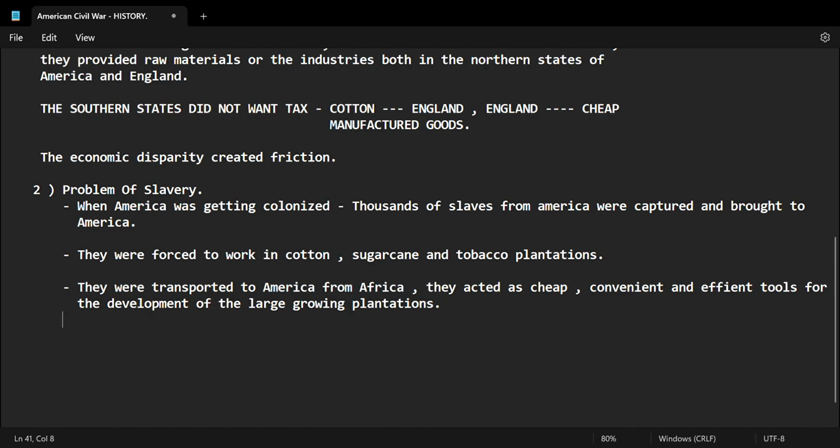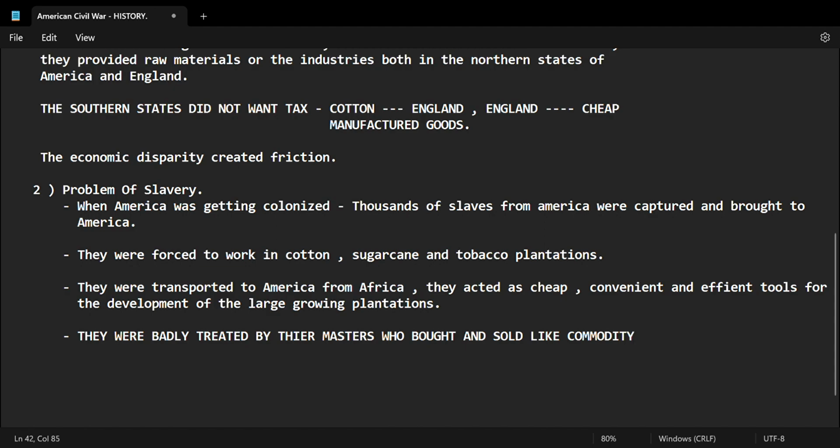Not only that, there is also more. Okay, they were badly treated. So after doing everything, they're still badly treated by their masters, who bought and sold them like a commodity.